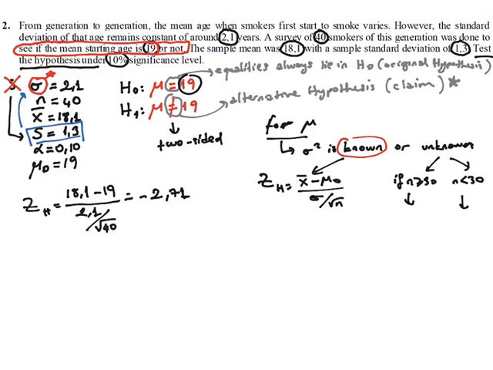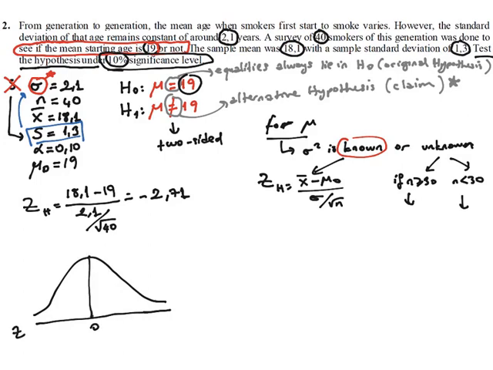So how can I decide about the hypothesis by using this test statistic? Of course, you need to use the significance level. So we need to first draw the graph, and it is z. Since it is two-sided, we need to use both sides. We need to use alpha over 2.